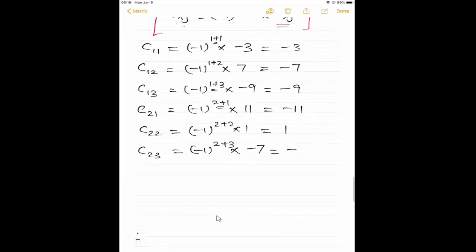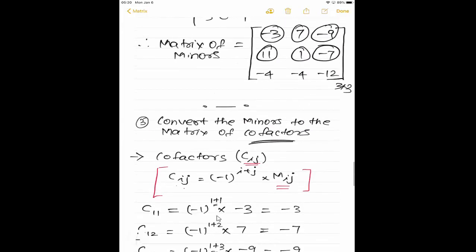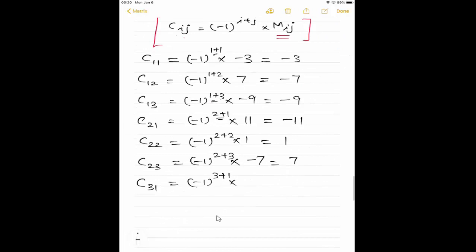So the value is plus 7. Then C of third row first column, minus 1 power 3 plus 1 into minus 4, which is equivalent to minus 4.